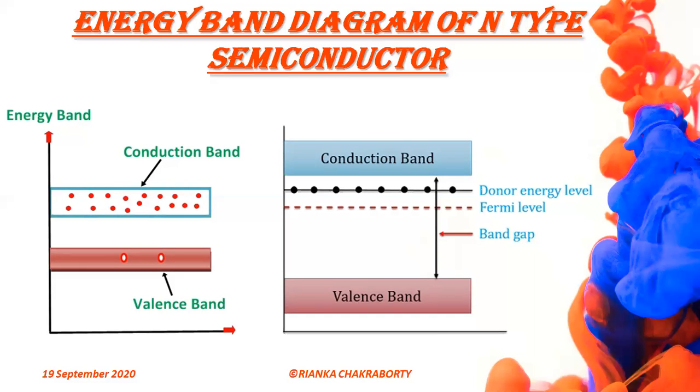Therefore, the new allowable energy level is a discrete level that is called the donor level. Here we see the donor energy level. For germanium, the donor level is about 0.01 electron volt, and for silicon, it is about 0.05 electron volt below the conduction band edge. However, the exact position of the donor level depends on the impurity type.